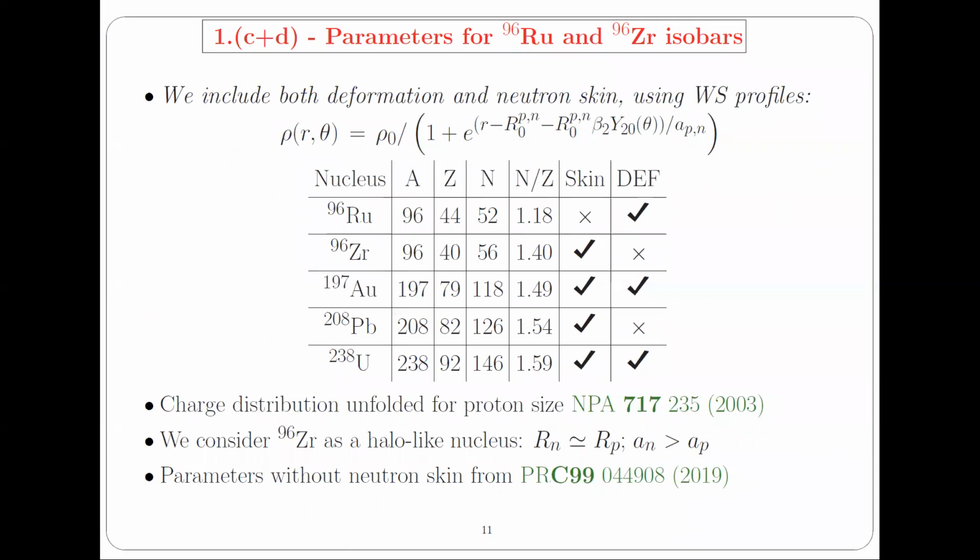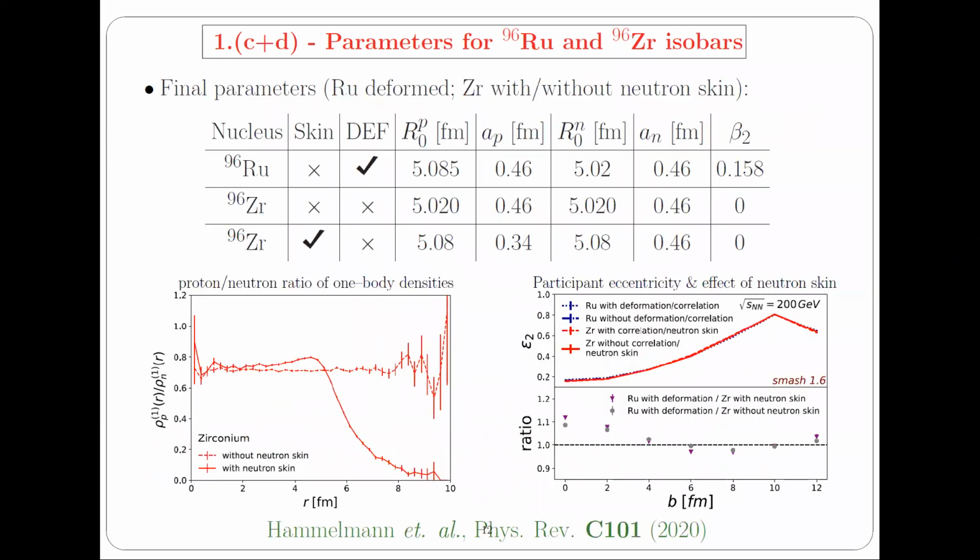Another application of our machinery to produce configurations was to include both deformation and neutron skin, using this formula for the Woods-Saxon profiles for a number of nuclei, most notably for ruthenium and zirconium, which was discussed already, because it was the object of our study for the isobar run at RHIC, and we considered this set of parameters for the Woods-Saxon profiles.